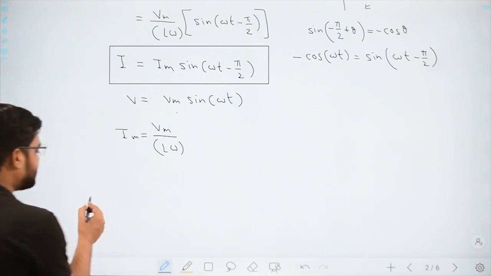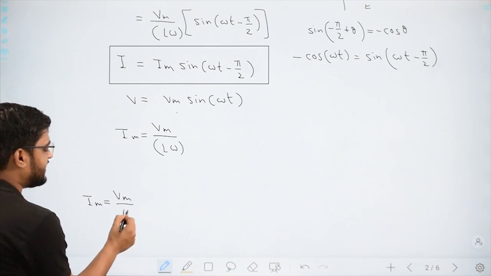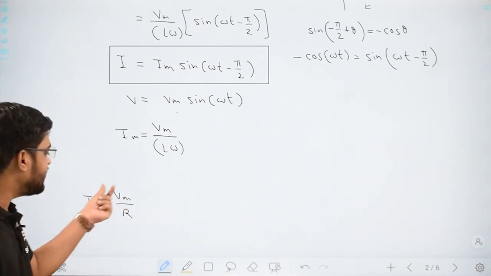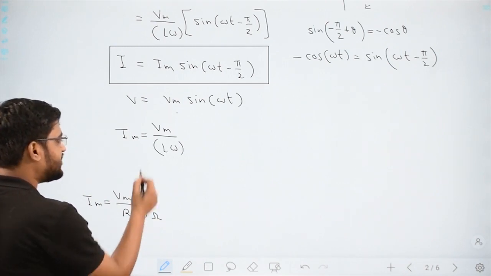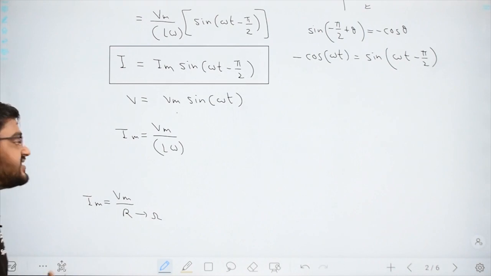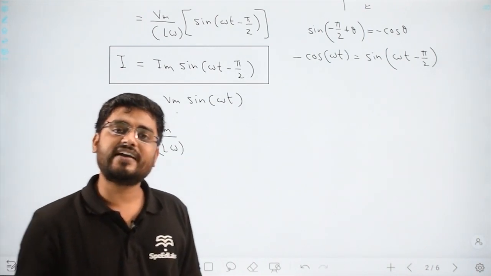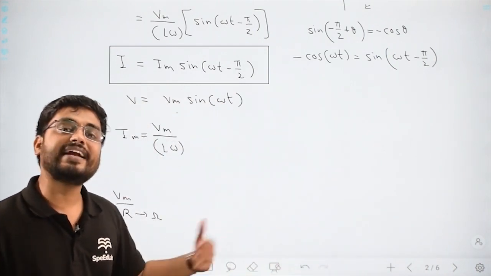Remember the previous case? In the previous case, we said that Im is nothing but Vm by R when resistance was connected. So when resistance is connected, it is voltage divided by resistance. Unit of resistance is ohm. So these equations are identical, just instead of resistance there is L omega. So this L omega is, you can say, kind of resistance equivalent to an inductor.